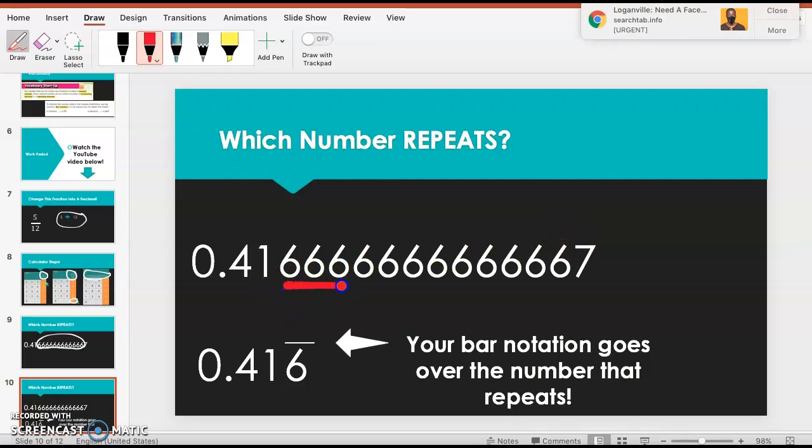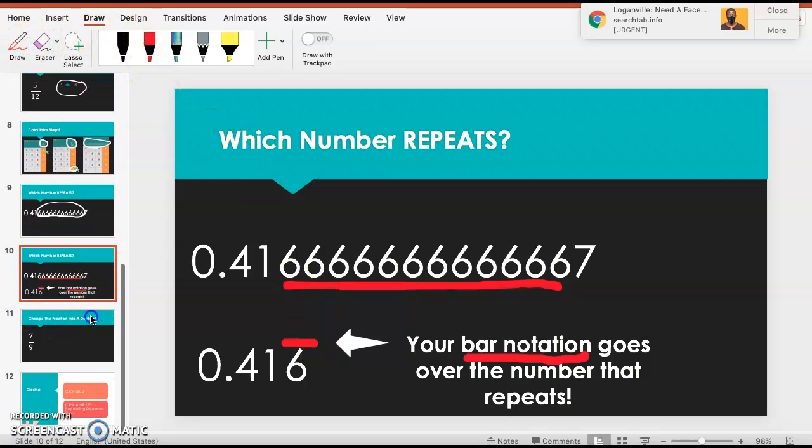We know that the number 6 repeats itself over and over again. Well, then we know that's where the bar notation goes. This white bar right here, and I'll make it red, indicates that there's a lot of 6's behind it, but we didn't feel like writing that many 6's down. So the number is just going to be 0.416 with a bar on top. Make sure the bar goes on top.